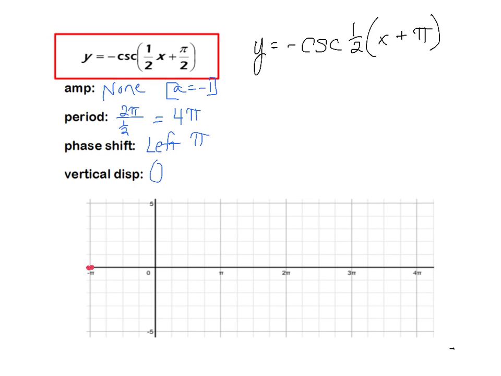And I am going to be there headed down and not repeat until 4 pi units later. That's way, way later. I'm at negative pi. 4 pi later is going to be at 3 pi. This is going to be way stretched out horizontally. And my graph, if you think about it, is going to look like this. Right?